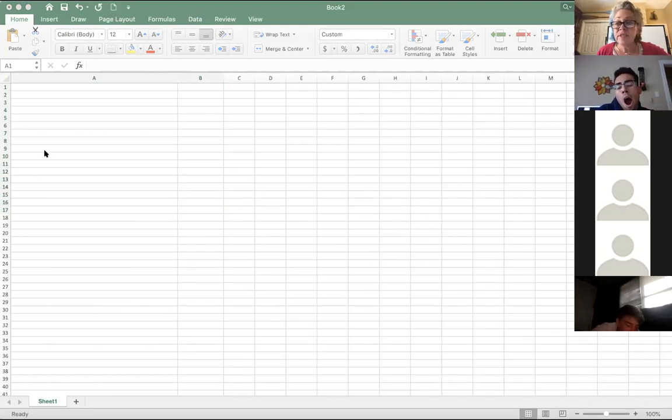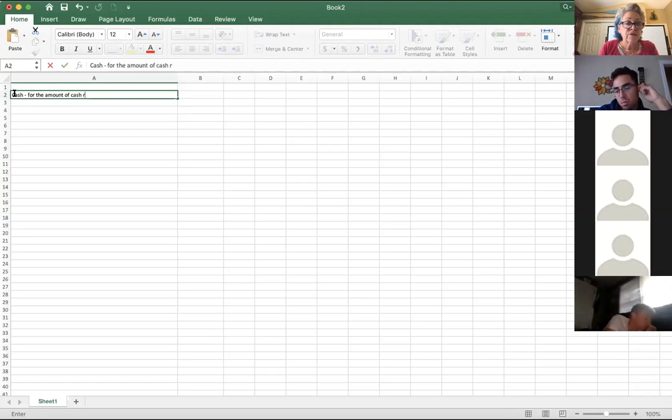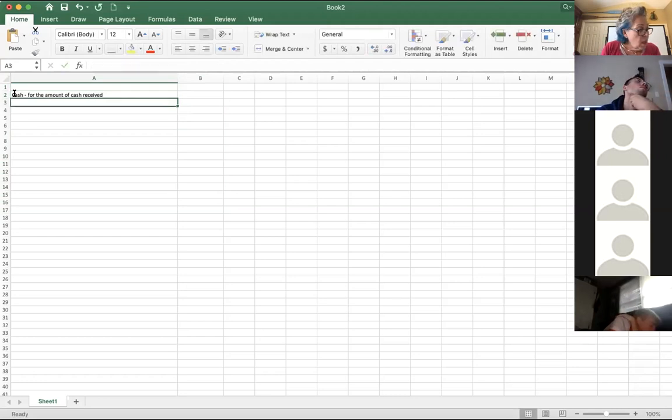Before we get into the details of the problem, I want you to look at the journal entry, okay? And we see that in the journal entry, we debit cash. Obviously, this will be for the amount of cash received, okay? We also are going to have a debit to loss on sale of receivables.